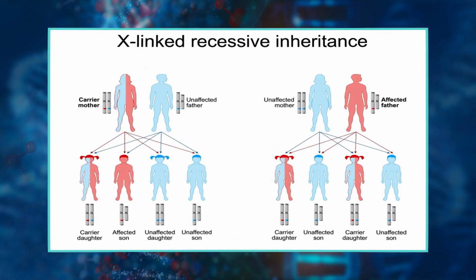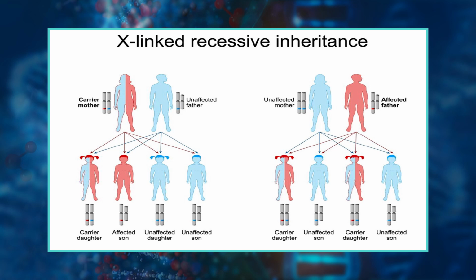Females, however, can be genotypically normal, a carrier who is phenotypically normal, or affected with the disease. A daughter can inherit the gene for an X-linked recessive illness when her mother is a carrier or affected or her father is affected.